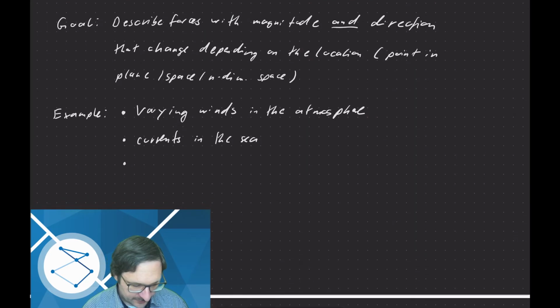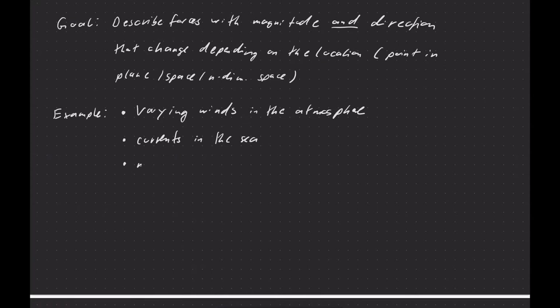Of course, the gravitational field of the Earth is also an example for a vector field, right? A force that acts on a body in that gravitational field is dependent on the location, of course. So, for example, the movement of a satellite under the influence of Earth's gravitation. Earth's gravitation could be modeled as a vector field.